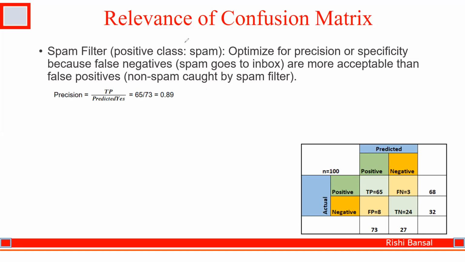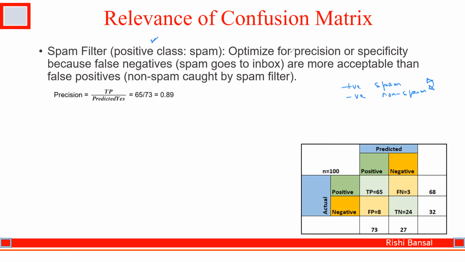Your positive class is spam, meaning if it is positive, it is spam, and if it is negative, it is not spam. You can reverse these things also, that's why we have to declare it. Someone can say that I will take positive class as not spam, so then your case will reverse. So just consider your positive class is spam.